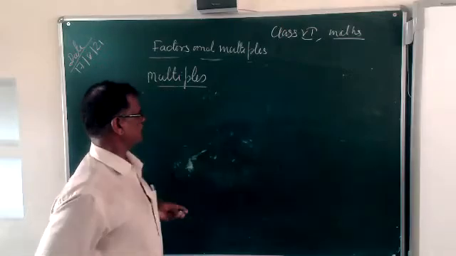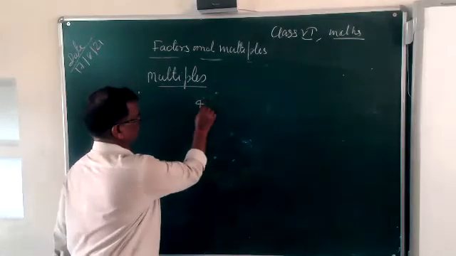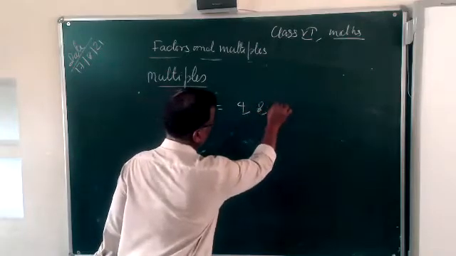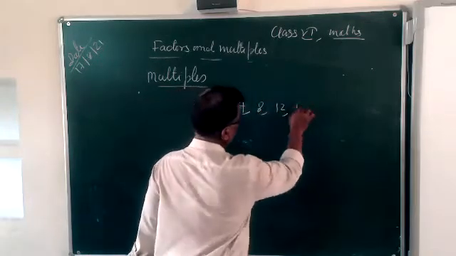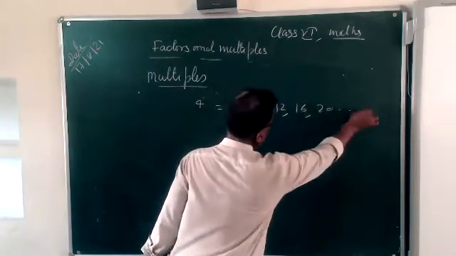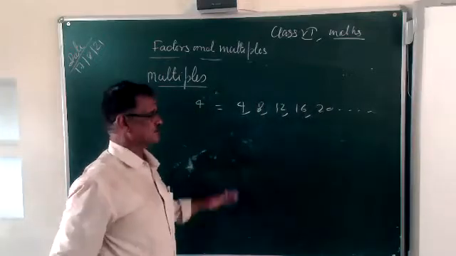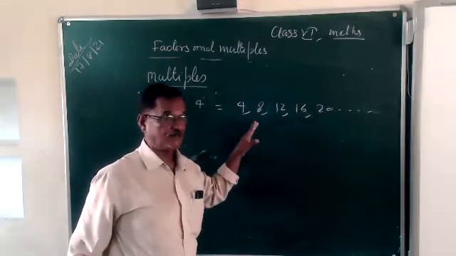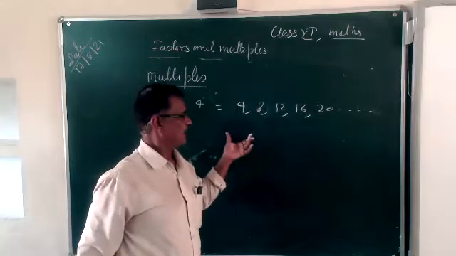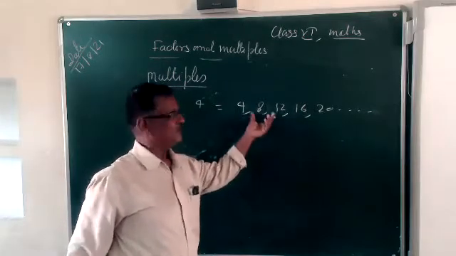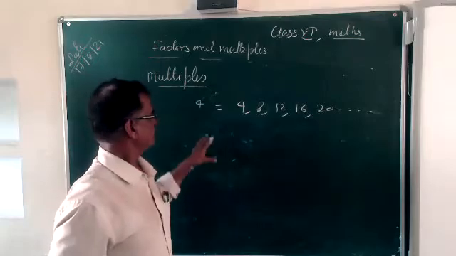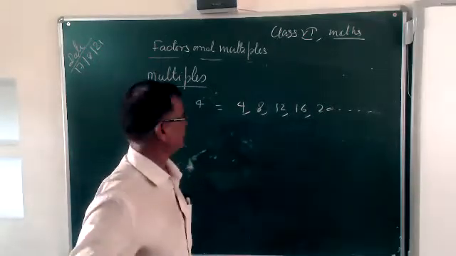If you want to write the multiples of 4, read the table of 4: 4, 8, 12, 16, 20. These are the multiples. The multiples of any number are infinite, but the factors of any number are finite. These are some properties of multiples and factors.